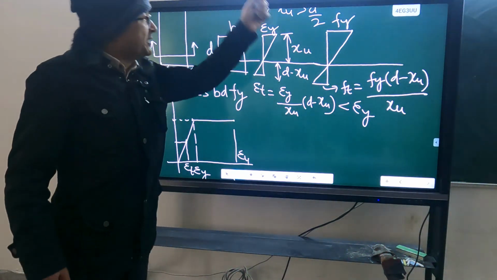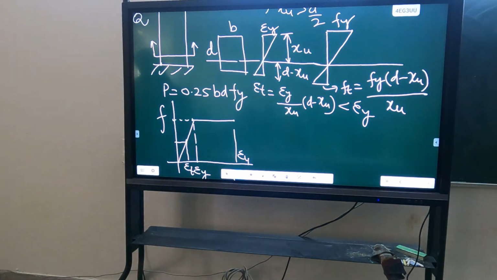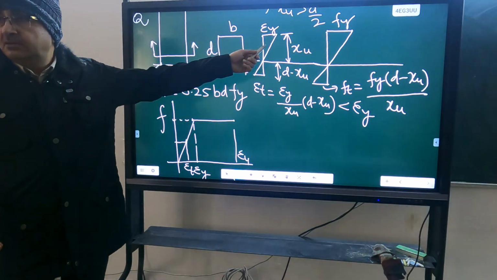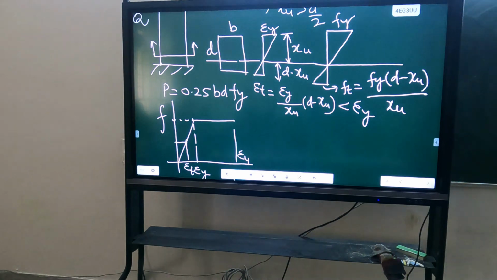If you want to apply axial force, or strain due to axial force, over and above that, then the section has yielded. Then I will exceed that point. So strain has to be restricted up to epsilon y. In such a condition, with axial force constant, how much additional bending moment can I apply? That condition we are checking.